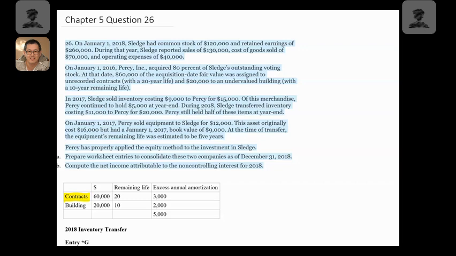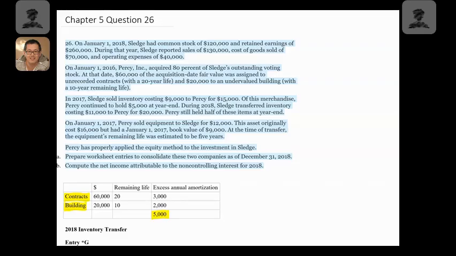The second one is the buildings, which is undervalued by 20,000. It has a 10-year remaining life, which means that every year there's going to be 2,000 excess annual amortization. In total, there's going to be $5,000 excess annual amortization related to those subsidiary assets that have different fair value from book value.